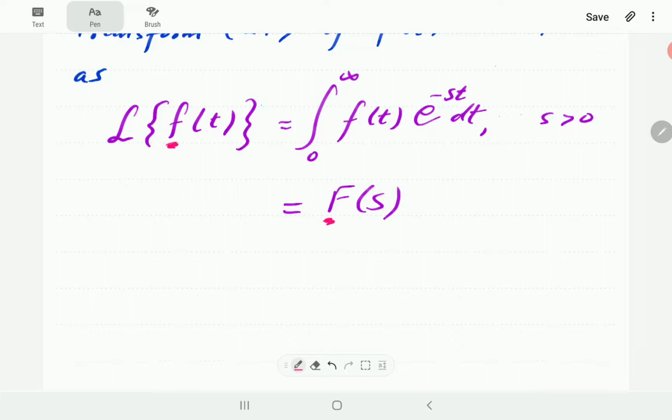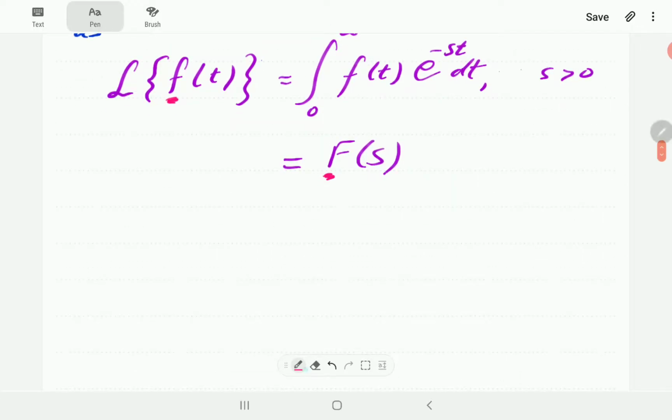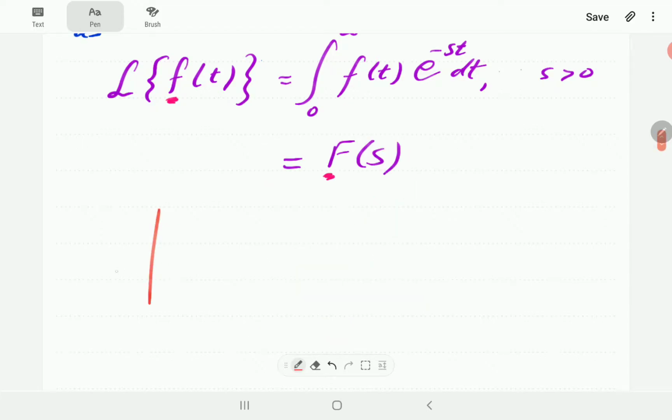The other thing you're going to notice is that we start off in t-f space. So let me make a graphical picture. We start off in a space where the independent variable is t and the dependent variable is f.